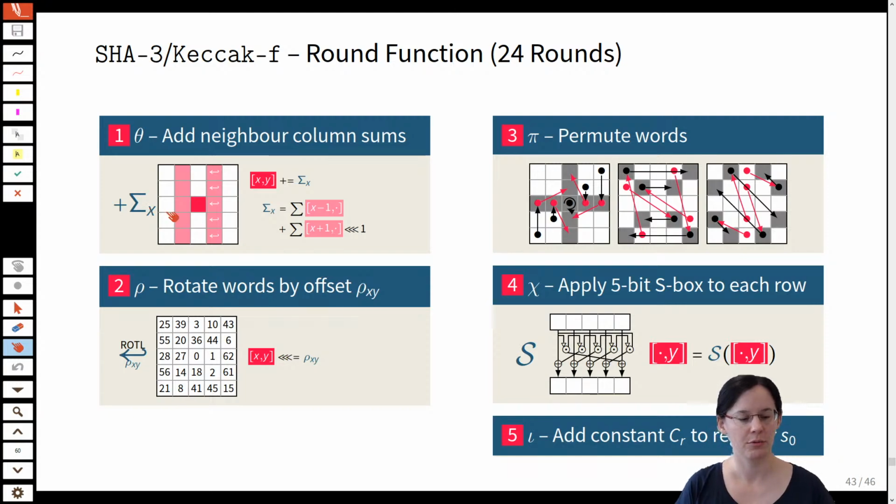state. So we have the theta function, which works as follows. It updates each of the 25 words by adding the sum of all the words in the column to the left of it, plus the sum of all the words in the column to the right of it, but shifted by 1.